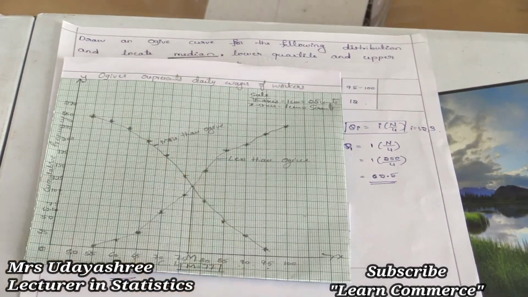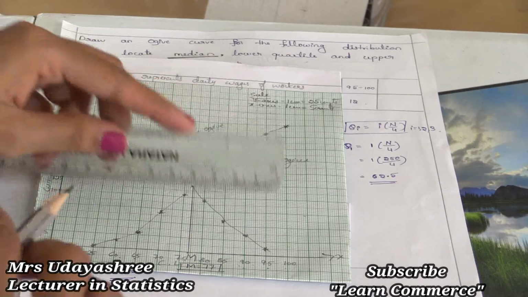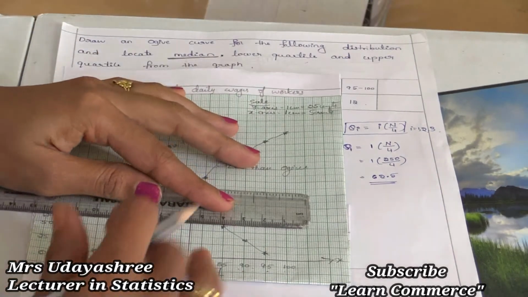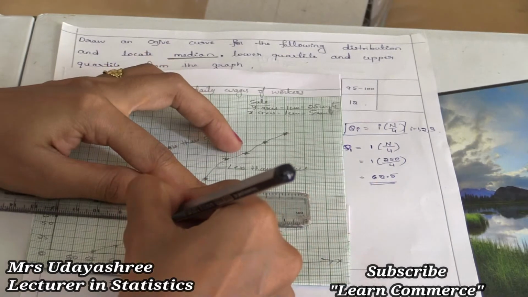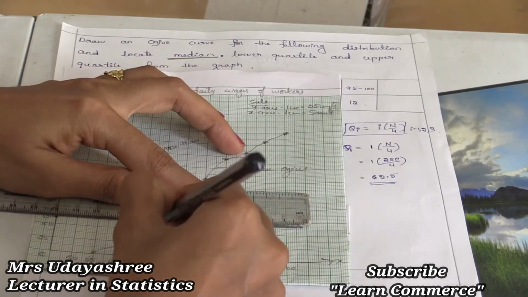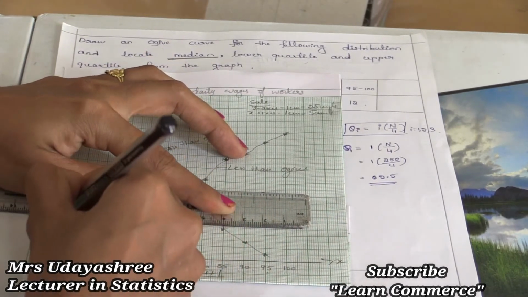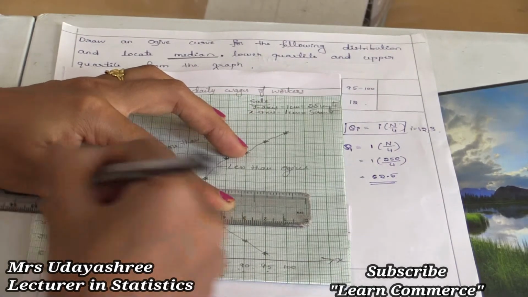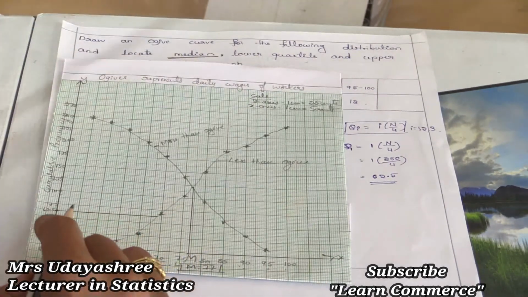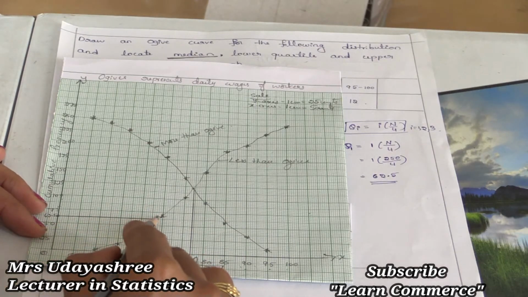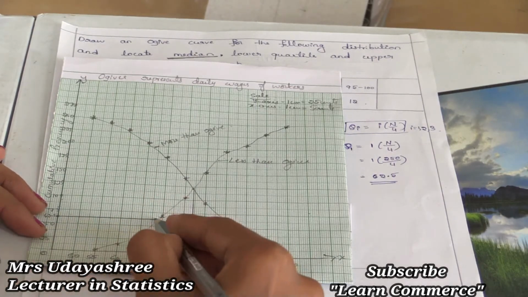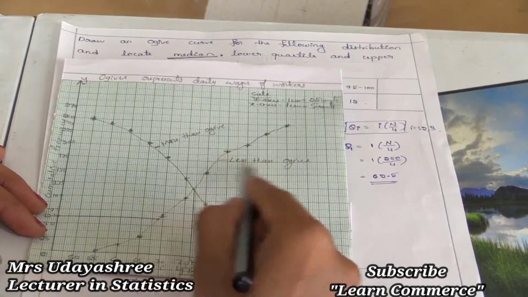From this point I will draw one line parallel to x axis, and this line should touch the less than ogive.